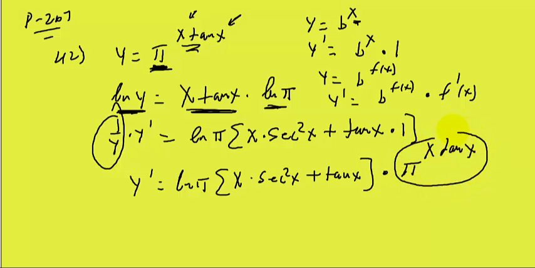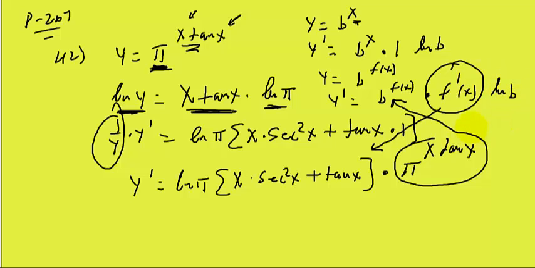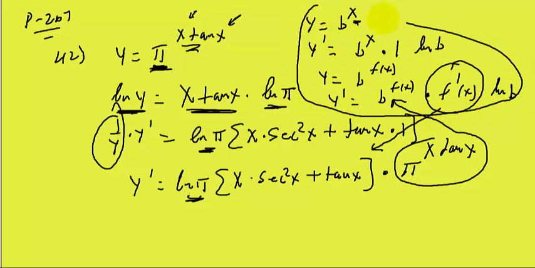There's my function right there, and that's the derivative of the exponent right there. Oh, forgot it. ln of b. Right, because I got to account for that right there. Okay, who wants to memorize all these formulas anyway? Just ln both sides, and then you don't have to memorize any of those formulas.